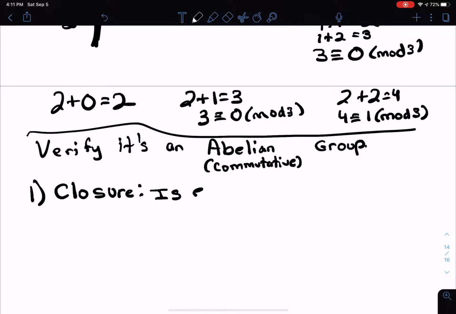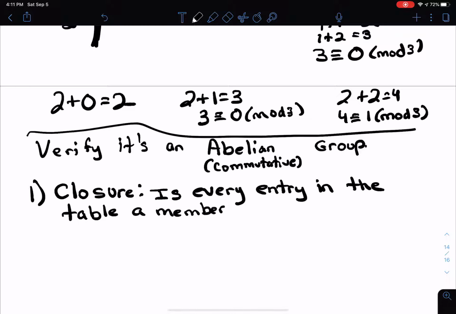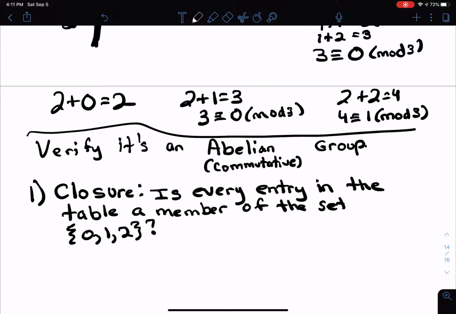Is every entry in the table a member of the set 0, 1, or 2? It can only be 0, 1, or 2 because we're talking modular 3 arithmetic. You can only have answers 0, 1, or 2. And the answer is yes. So this is closed. Your elements all match up with modular 3.